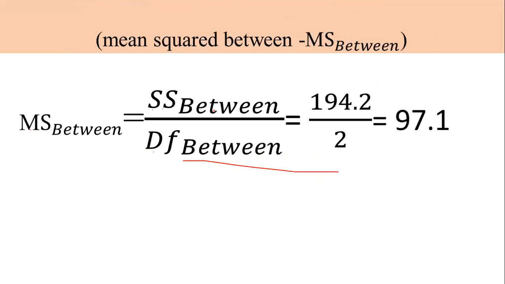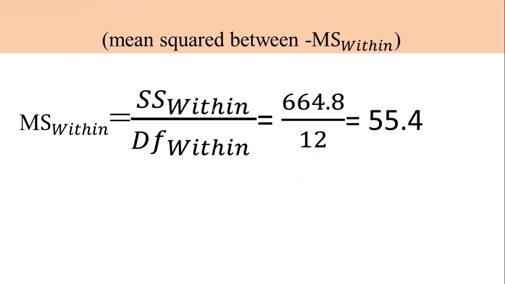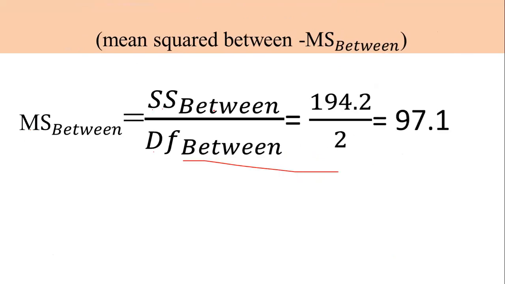Now we're able to get 97, not 94, 97.1. Then we move on to calculate the mean square within. What we have been calculating is the sum of squares between.